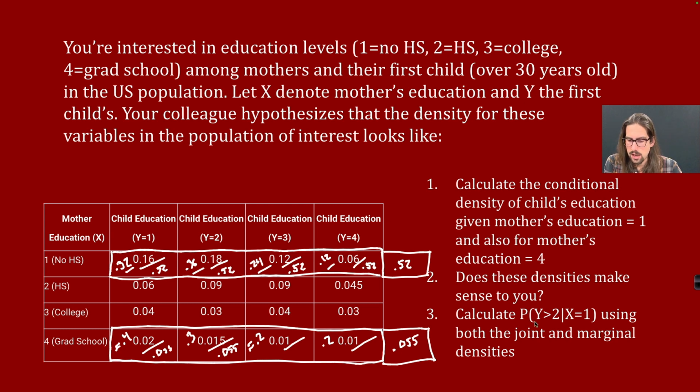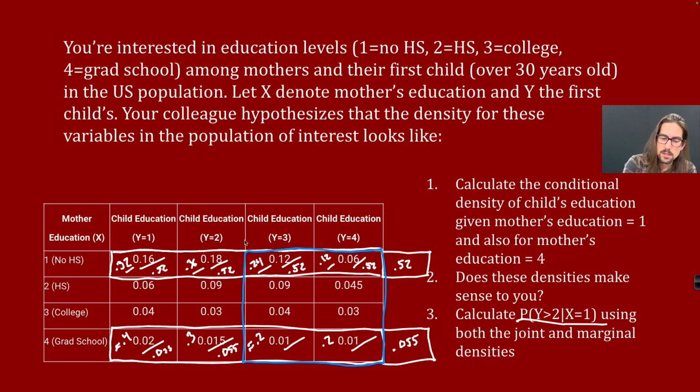Next, we're calculating a specific probability. So we want to do this using both the joint and marginal densities. Let's first do it with the joint density. If we're doing this with the joint density, we want to get the cases where y is greater than 2. So that's these numbers here.